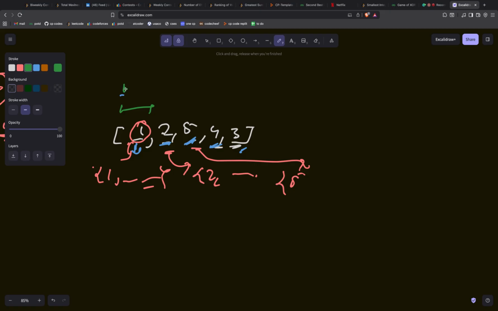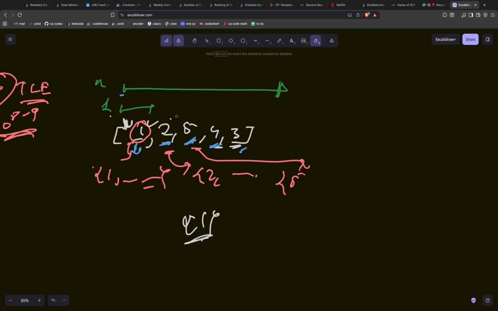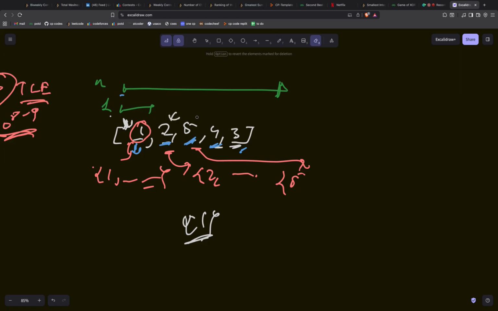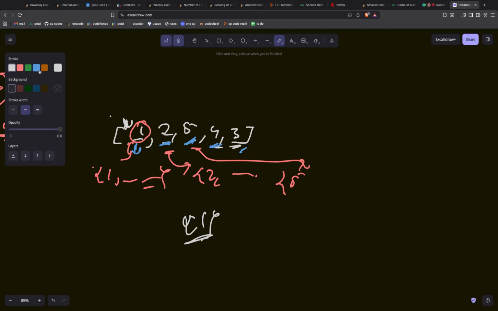So for the first element, the starting has one choice and the ending has n choices, because starting has to be this point and ending could be this point also, and then this point, and this point also. So this element occurs n times.